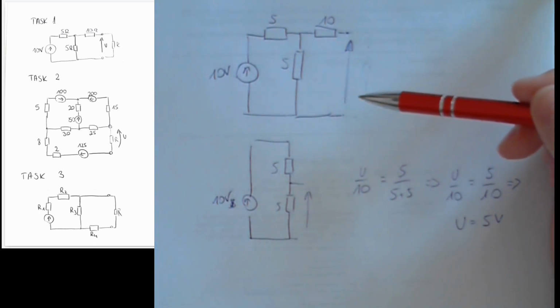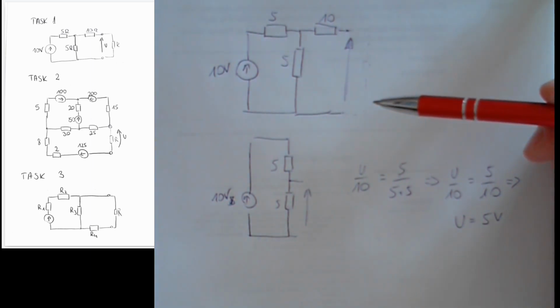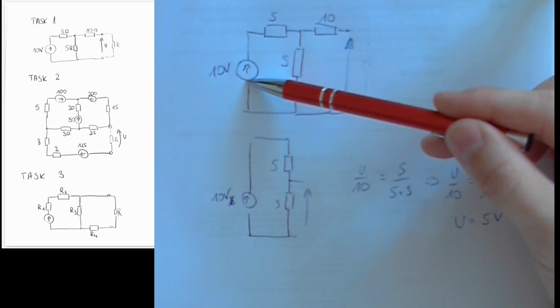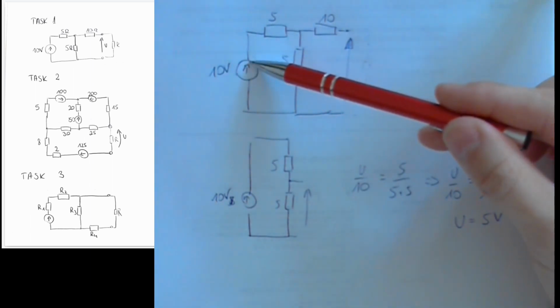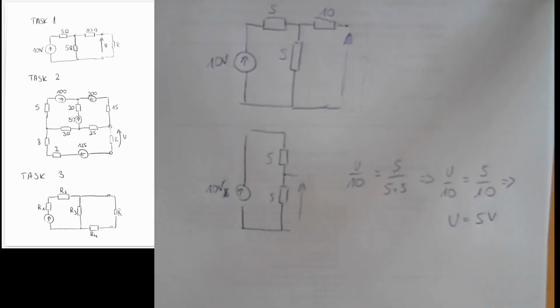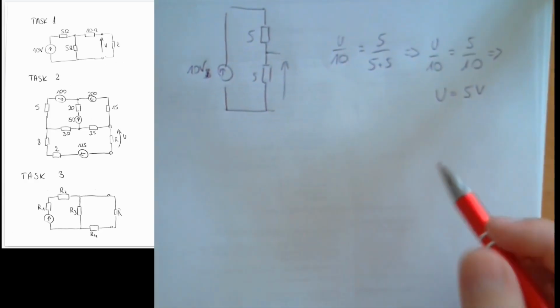The second thing we are gonna do is we're gonna try to calculate the resistance in case of removing the voltage source. So let's redraw this circuit without the voltage source.